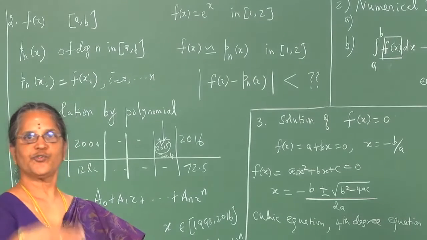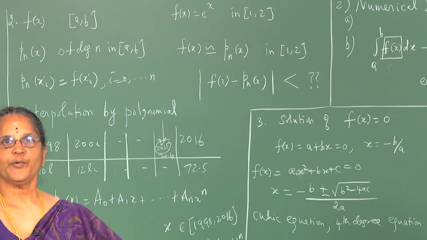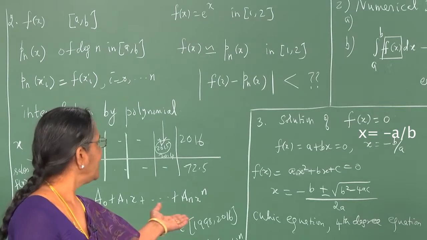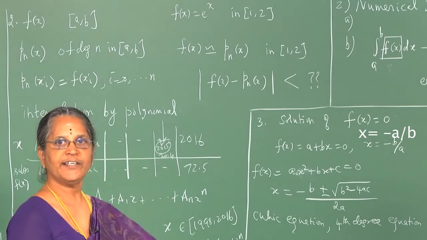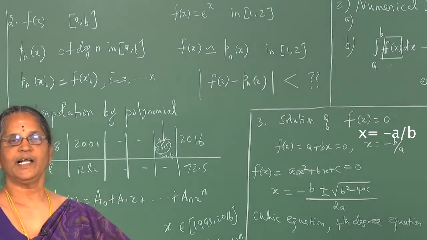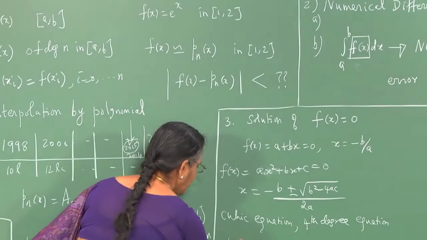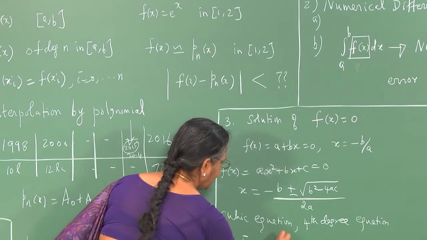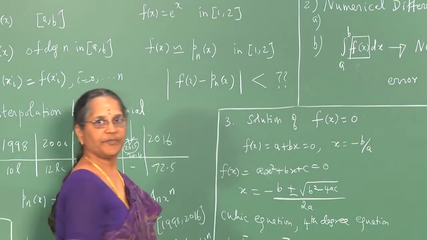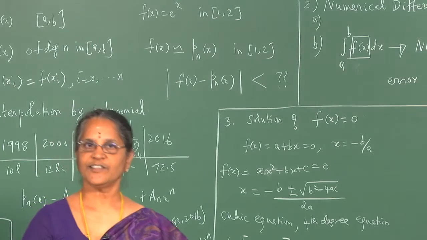So, one tends to think that it may be possible to solve equations of this form. Say, even if we restrict to integer coefficients, will it be possible to solve, for example, a fifth degree equation of the form 4x to the power of 5 minus 2x minus 7 equal to 0 in terms of radicals? No, the answer is no.